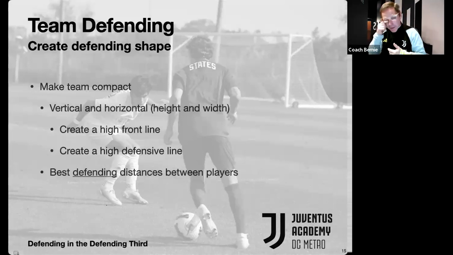Let's talk for a minute now about the vertical, the height of the team, the distance between the last defender, which is our defensive line, usually a center back, and our front line, which is usually the number 9 all the way up at the top. So someone talk to me about why it's important for us to be compact in height vertically on defense as well as horizontally. Bruno, go ahead.